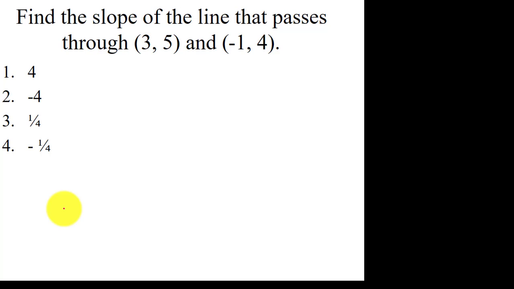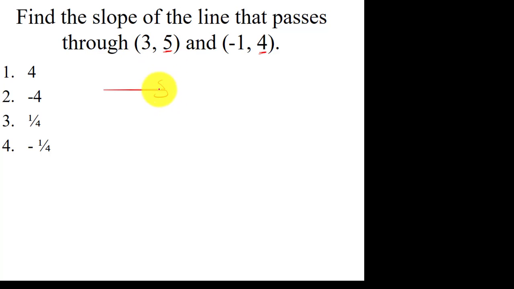So if I wanted the slope of this line, because I'm looking at ordered pairs, again, I would use the formula. So what do I want to call x sub 1 and x sub 2, y sub 1 and y sub 2? It doesn't really matter. I am this time going to call my first ordered pair y sub 2.